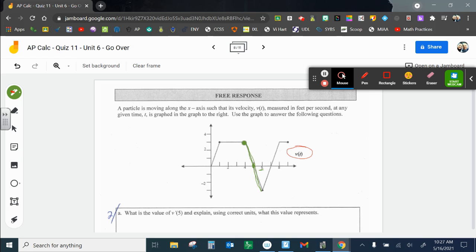I'm at 3, and I go down 3 over 1, down 3 over 1. So v prime of 5 is equal to -3, because that is the derivative, that's the slope of the tangent line, which just happens to be the slope of the segment right here. And that is in feet per second squared, because velocity is feet per second.